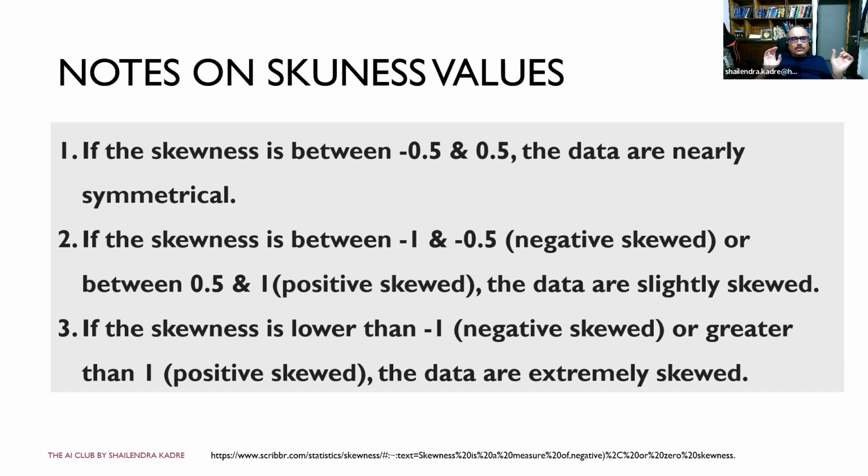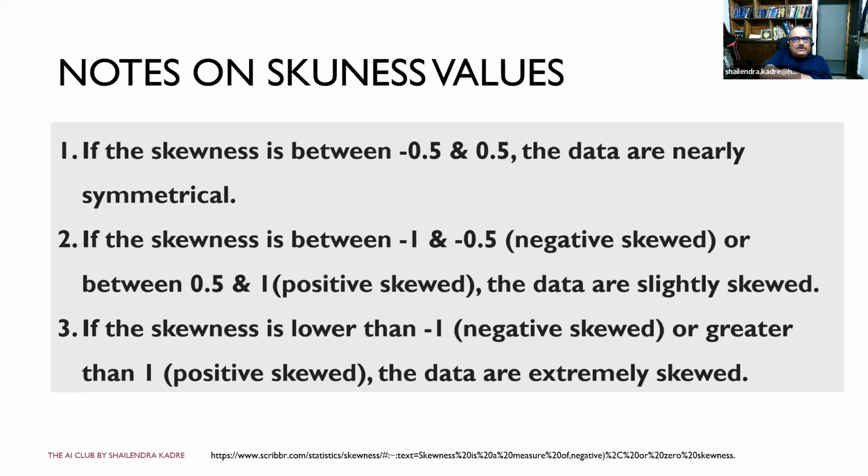So if the Pearson coefficient is between minus 0.5 to 0.5, we treat our data to be symmetrical. We apply all normal Gaussian distribution formulas, and all things which we can do with Gaussian distribution we will happily do.